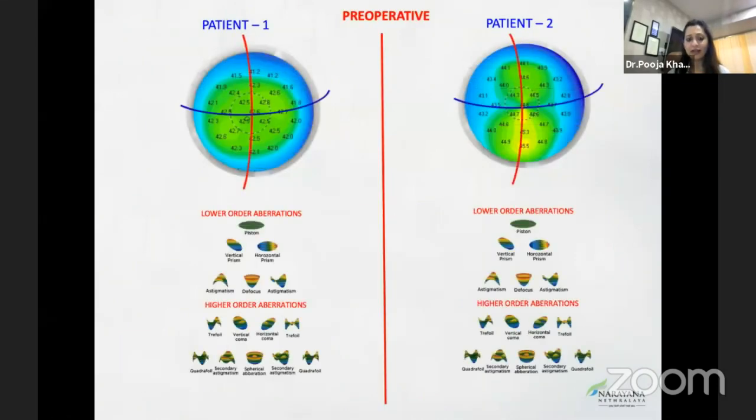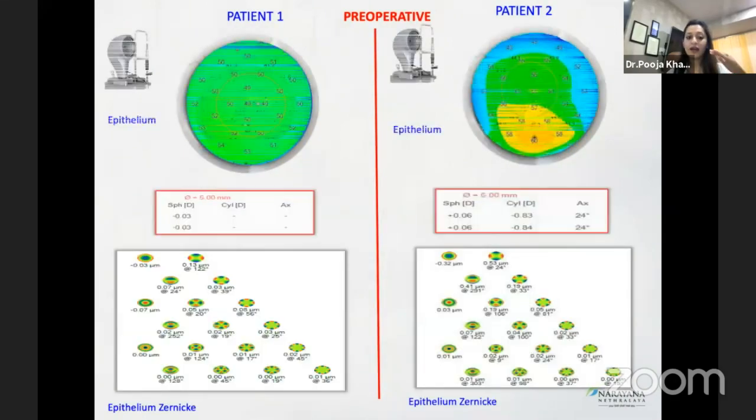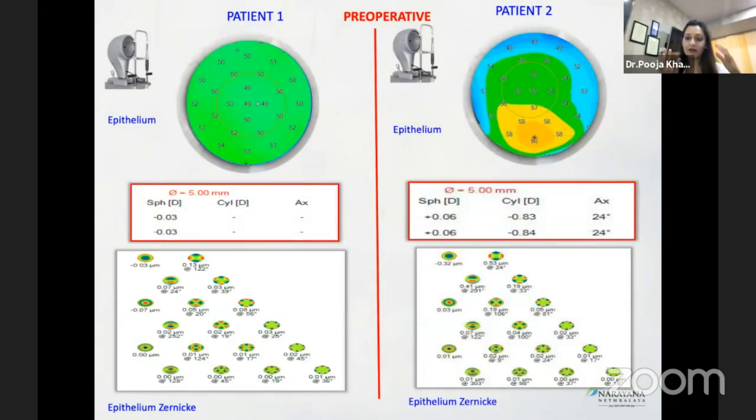So what we are looking at right now is when you do a keratometry and a corneal topography, the aberrations which you're looking at are just for the cornea total. But we have to now realize that we have moved one step further where we are dealing with epithelial irregularities also, and the aberrations can come from the epithelium as well.